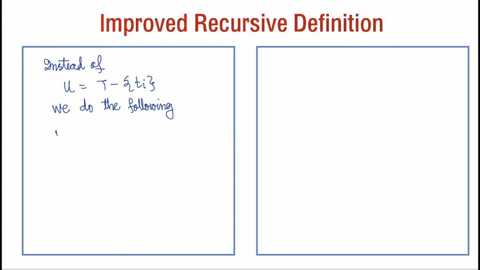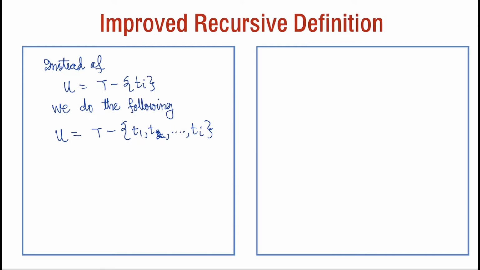What we do is U is equal to T minus T1, T2, up to Ti. That means we remove all the other elements.